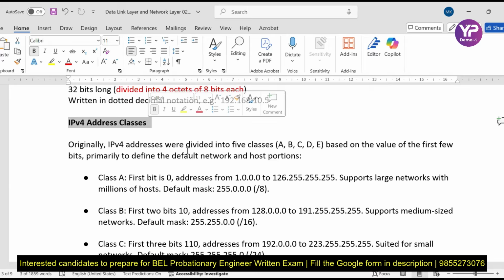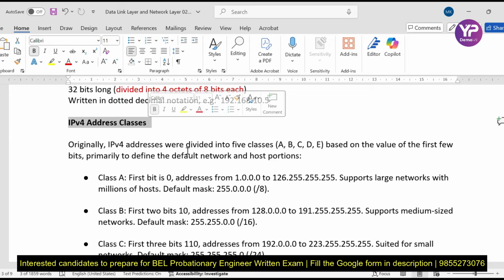But there is a problem. Suppose I belong to a class in which each network can contain 2 power 16, which is a fairly large number, 65,535, almost 65,000. Suppose I am using only 10,000 IPs out of 65,000.